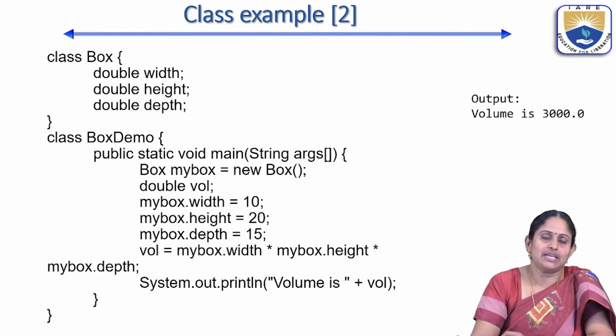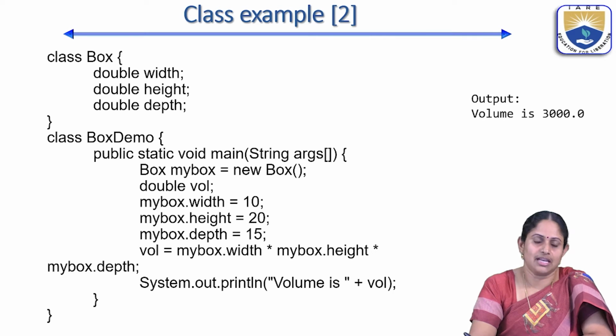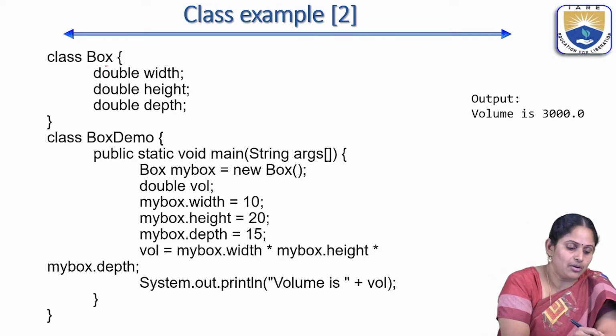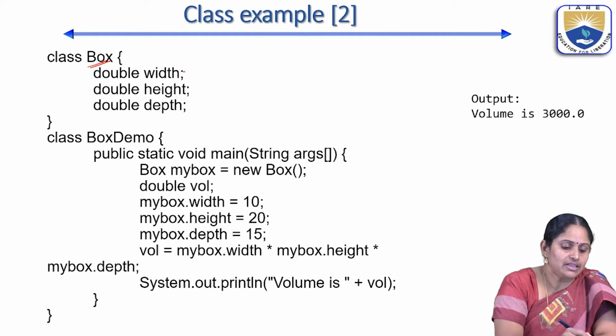Now, let's look into an example of using a class. We are creating a class named Box. That Box has three variables of type double, which are width, height, and depth. So this Box has three instance variables: width, height, and depth.